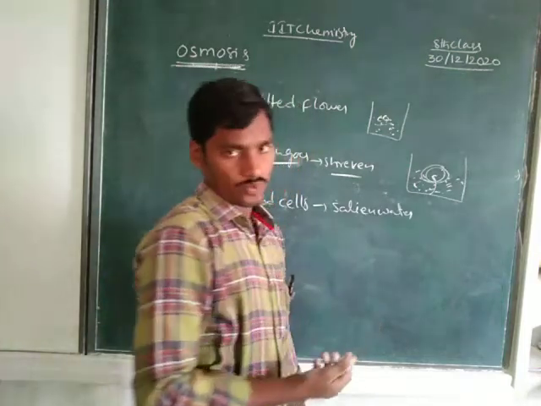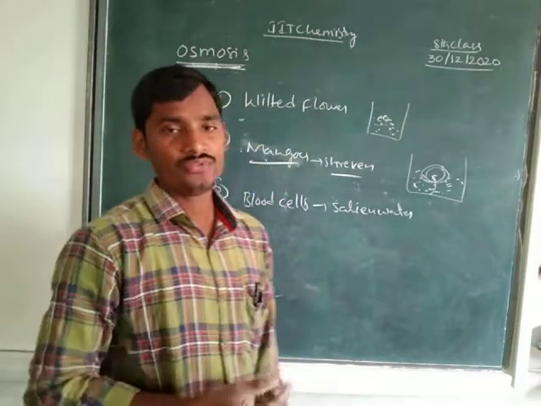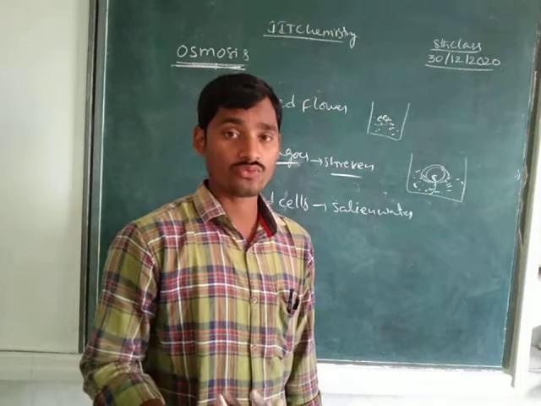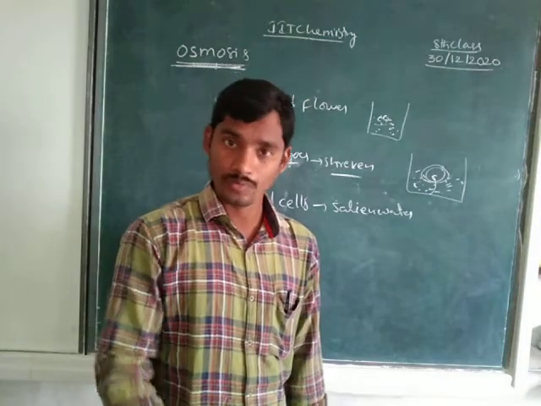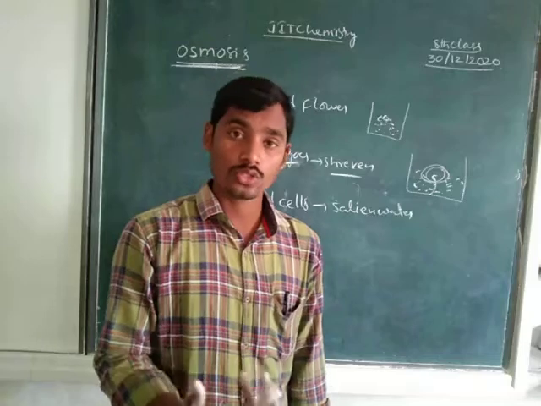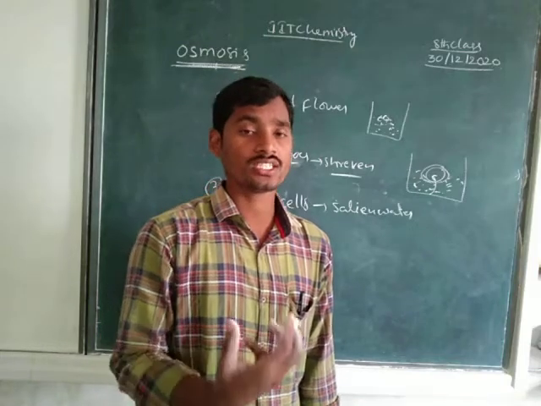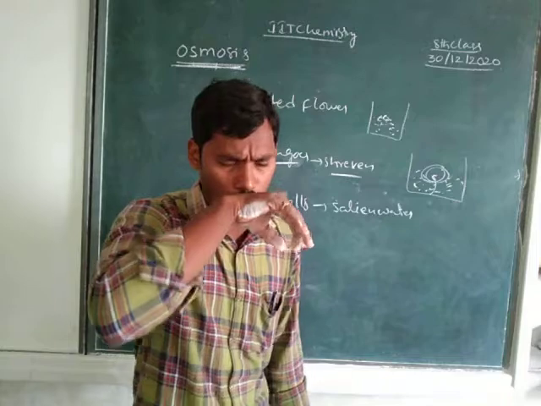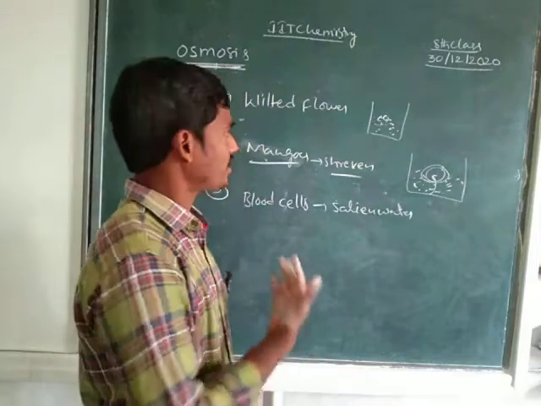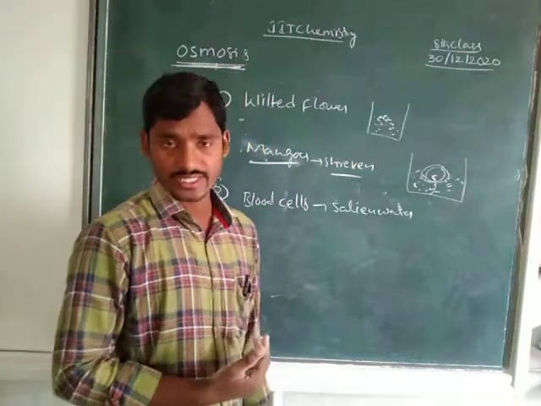This is the osmosis process. And if we take plants, plants get water and nutrients from the roots. Through the osmosis process, the water travels through the plant. This is also one example of osmosis, right children?